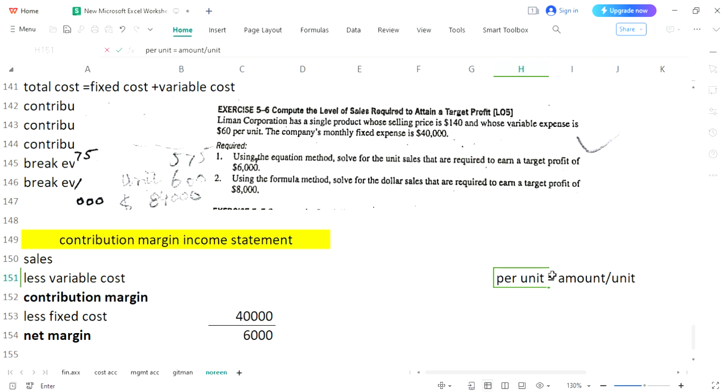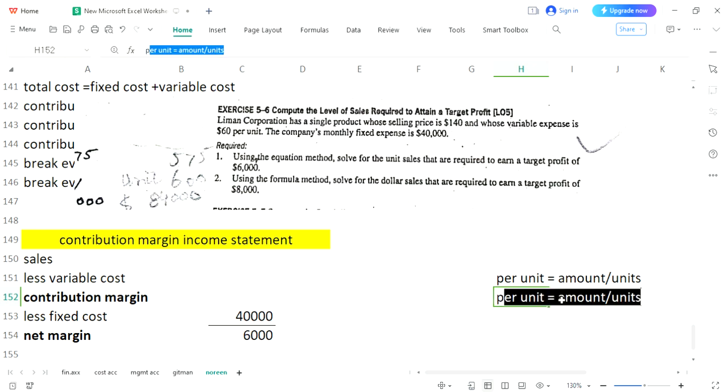If you take units from the right side to the left side, it becomes multiplied. So per unit multiplied by units gives you the amount as well. These are old formulas.